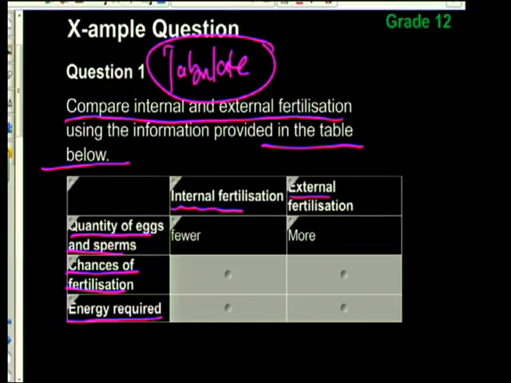So think of that when we're talking about this. So here we have fewer eggs and sperms. Why? Because the chances of fertilization are high. And therefore, on the external fertilization side, it is more. Why? Because the more sperms and eggs that are released, at least some of them have a chance of fertilizing each other, or fusing with each other rather.